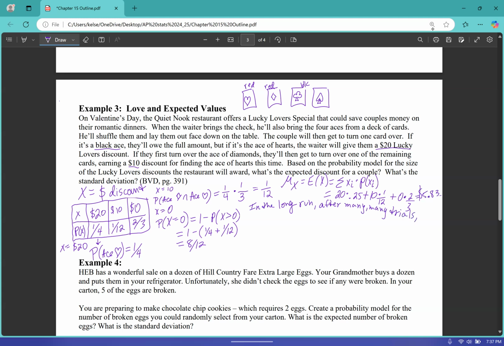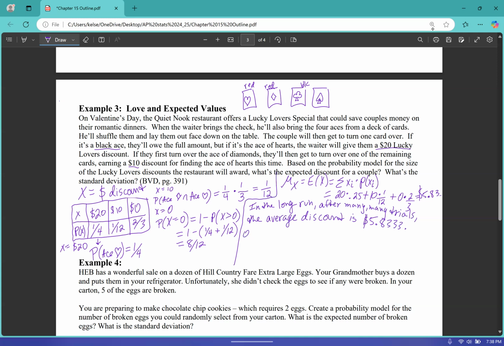The expected discount or the average discount is 5.833. And you can put a few threes there just as show goes on, dollars. Okay, so there you go. That's the mean.